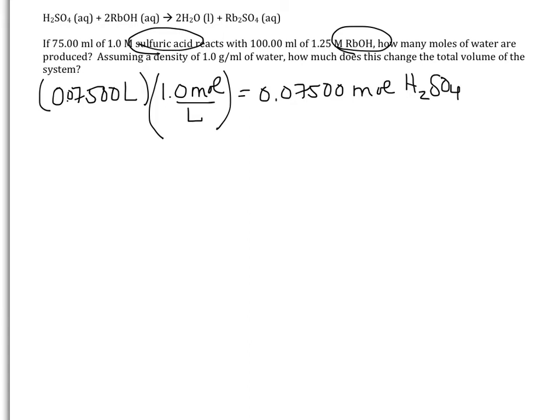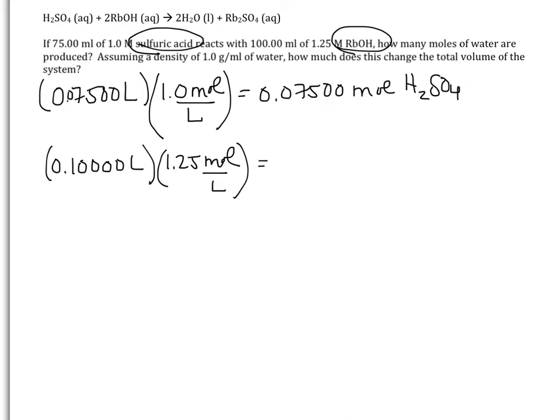And now I need the moles of rubidium hydroxide. So I'm going to say that's 0.10000 liters times its concentration 1.25 moles per liter. Because remember, molarity, this 1.25 molar is just moles per liter.